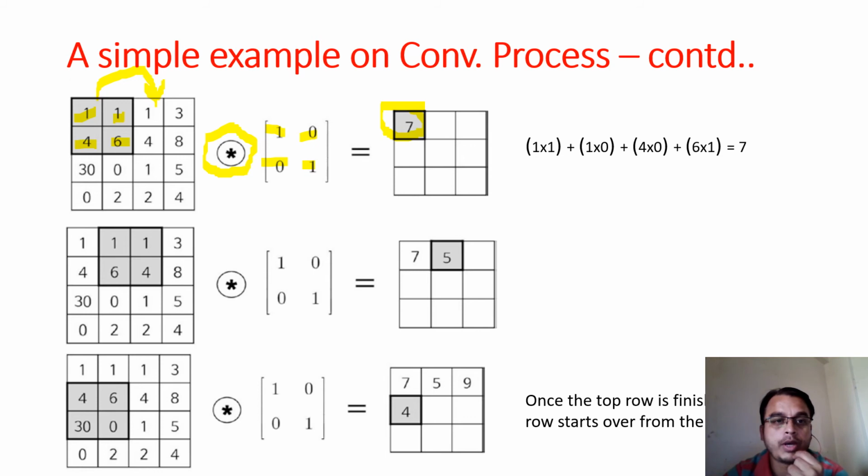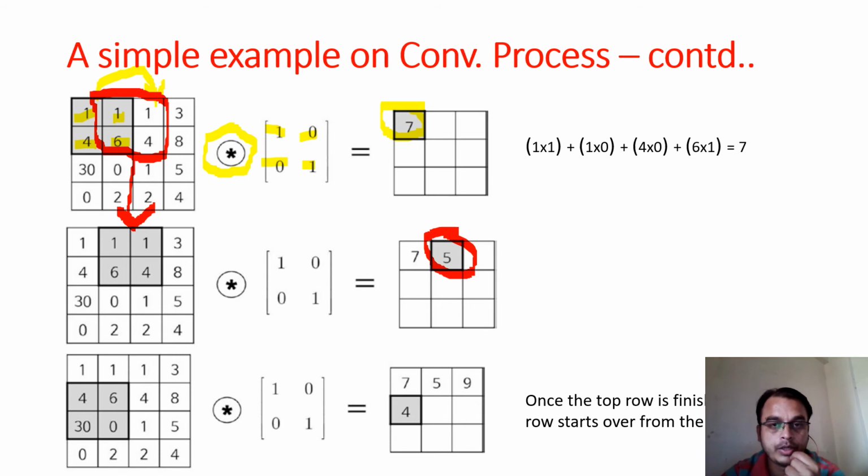Now the square will be mapped to here, in this fashion. Now what will be my second value? 1 into 1, 1, plus 1 into 0, 0, plus 6 into 0, 0, plus 4 into 1, 4. So 1 plus 4, 5. The value is 5. Correct?